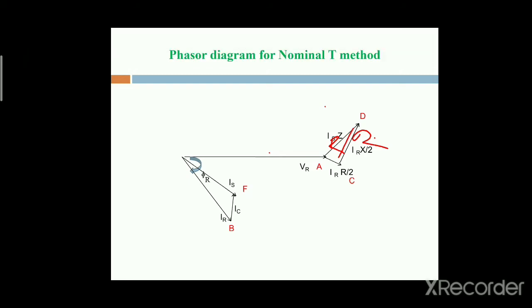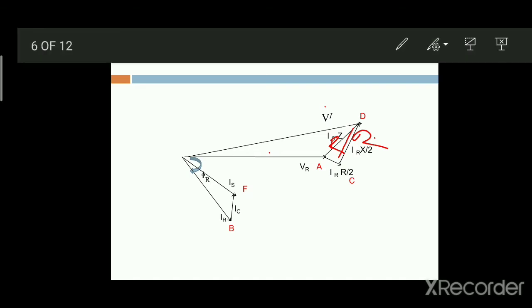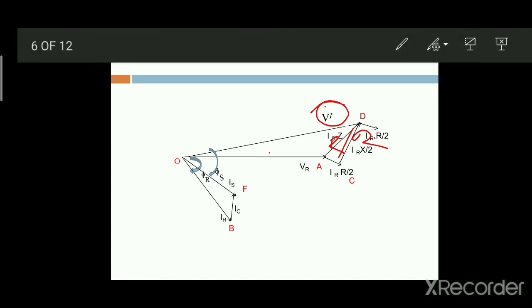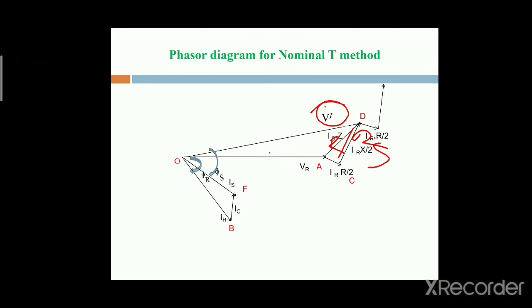By adding this drop, we obtain the V dash. After that, IS will be projected, and it is called ISR by 2. At an angle of 90 degrees, we obtain the ISX by 2.